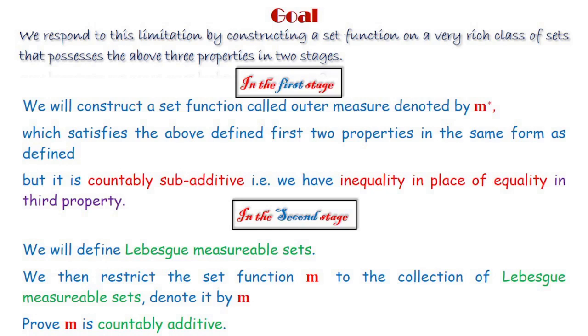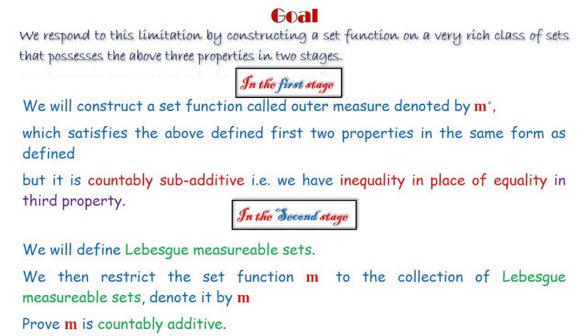Our goal remains that we must construct a set function, the Lebesgue measure m, but it will be verified on a rich class of sets, not on all sets. But the class that we will define is also very rich. In the first stage, we will construct a set function called outer measure, denoted by m star, which satisfies the first two properties in the same form as defined.